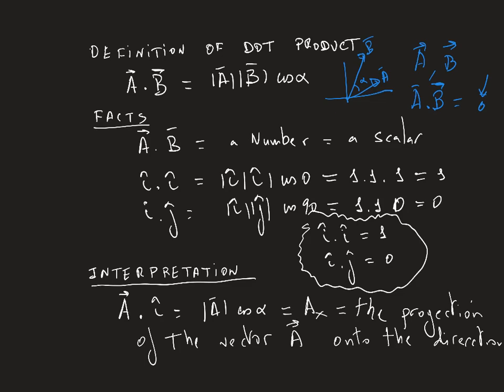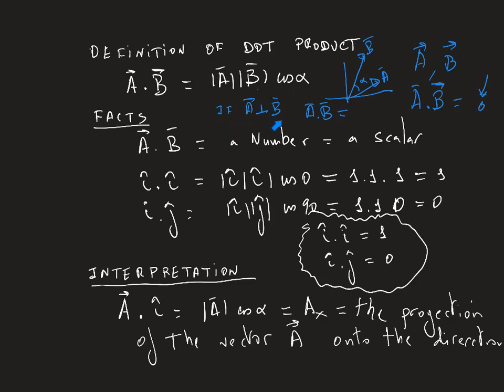It's clear that if A is perpendicular to B, what is A scalar B? What's the number? Well, it will be the magnitude of A by the magnitude of B by the cosine of 90, because they are perpendicular.